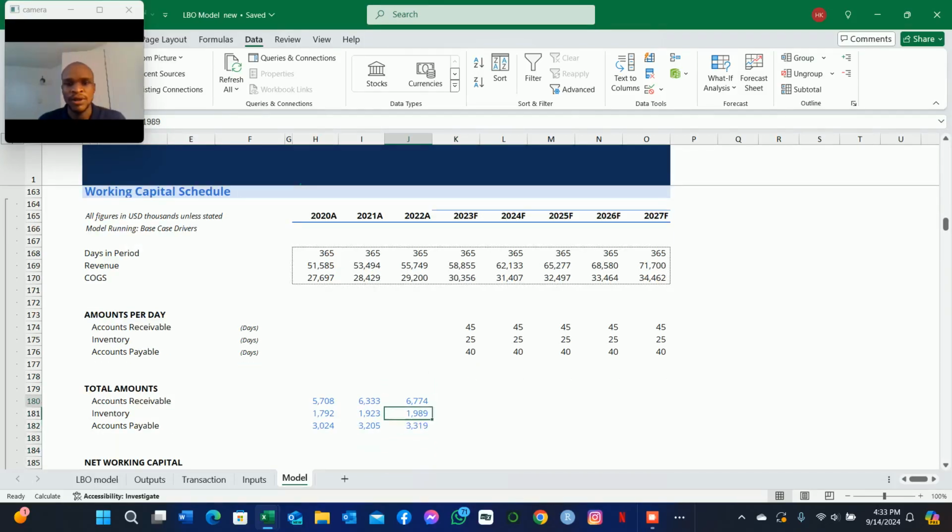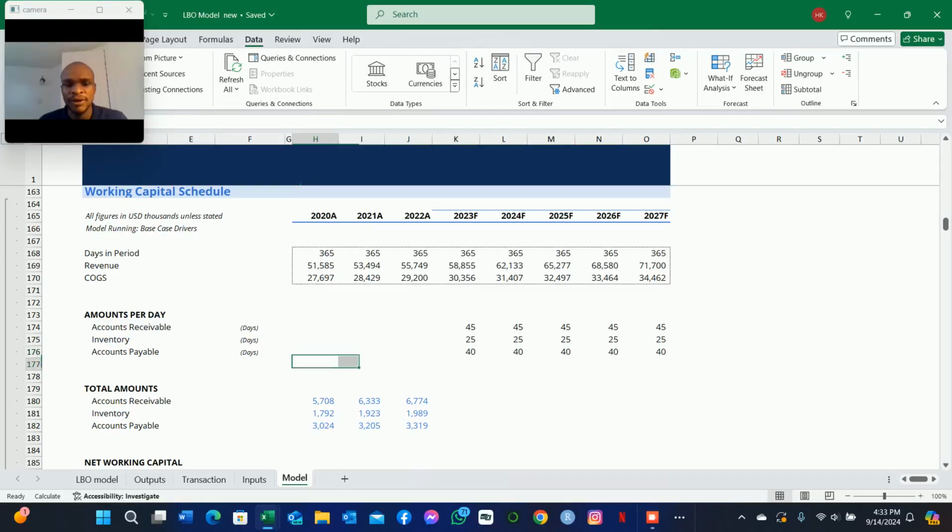Now, to be able to determine the historic period, on average, what we believe this company might have to collect its sales from its customers, and also how long it's going to take them to sell their inventory.